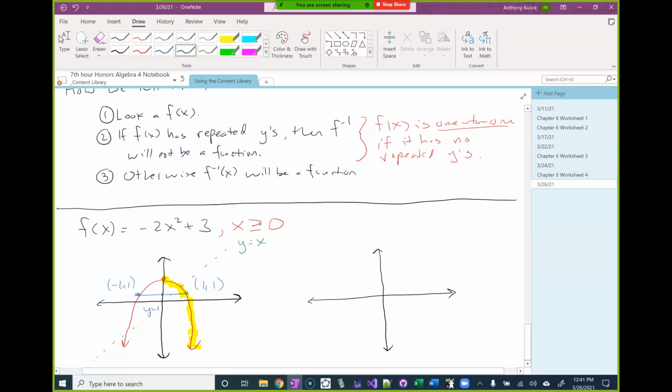So when I do that, this point 0, 3 becomes the point 3, 0. This point over here, which was square root 3 over 2, comma 0, moves over to here.